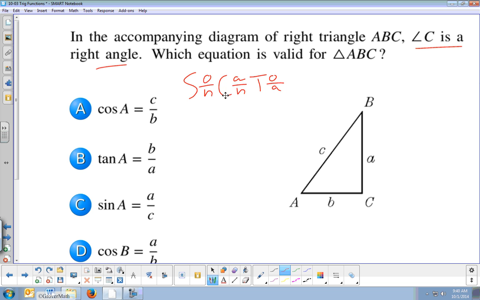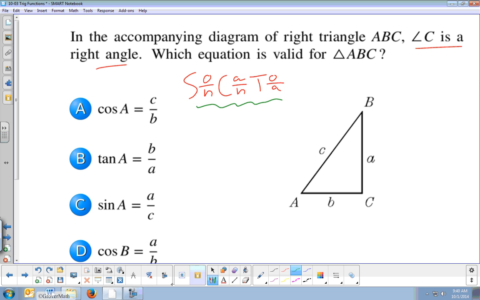And so we use SOHCAHTOA to remember that, but this needs to really just be second nature to you at this point. Now you maybe haven't thought about SOHCAHTOA and trig for a couple of months now, so hopefully it's going to come back quick to you. But by the end of this lesson, this has to really just be second nature.